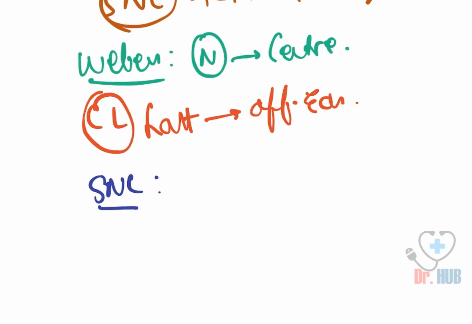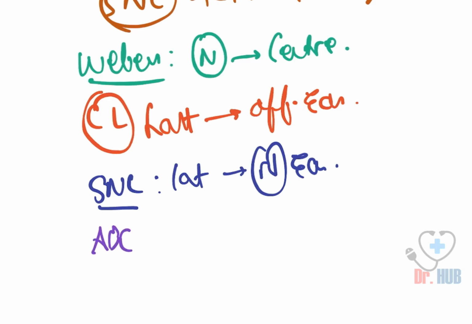Then the sensory neural loss: it is lateralized to the normal ear. So in the Weber's test, the conductive loss is lateralized to the affected ear, whereas the sensory neural loss is lateralized to the normal ear.